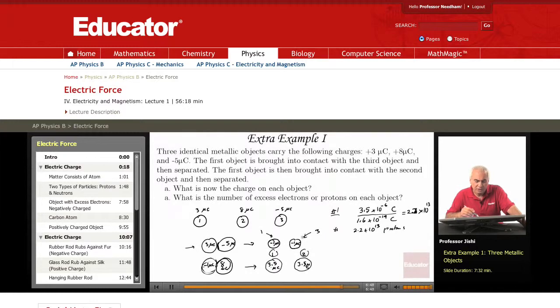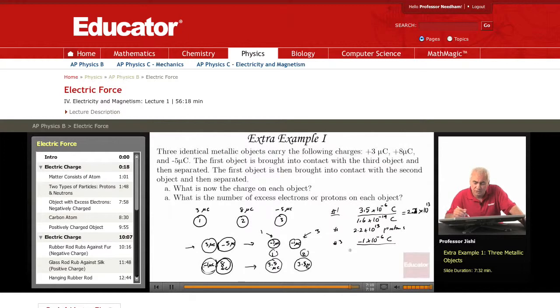On number 3, I have excess negative charge, so I have excess electrons. How many? It's the total charge, which is -1 times 10 to the -6 coulombs, divided by the charge of the electron, because I have excess electrons.